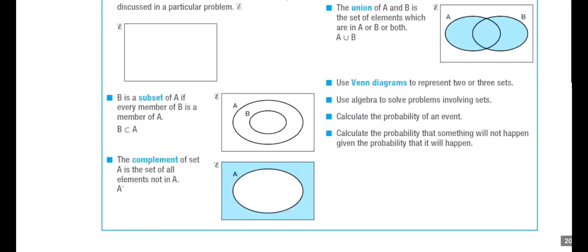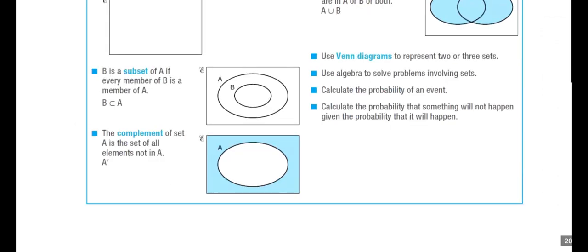For example, if A is a set of things, B could be a subset if it's basically a part of A. Like for example, A is all positive numbers and B is all even numbers. In that case, B would be a subset of A because B has some of the parts of A. Do you know what this is? Okay.